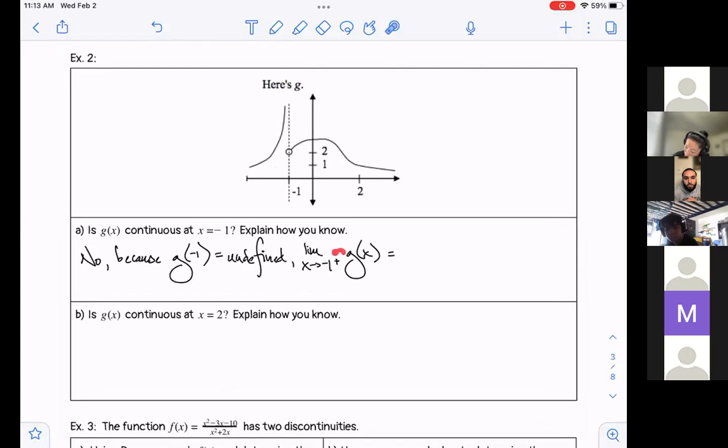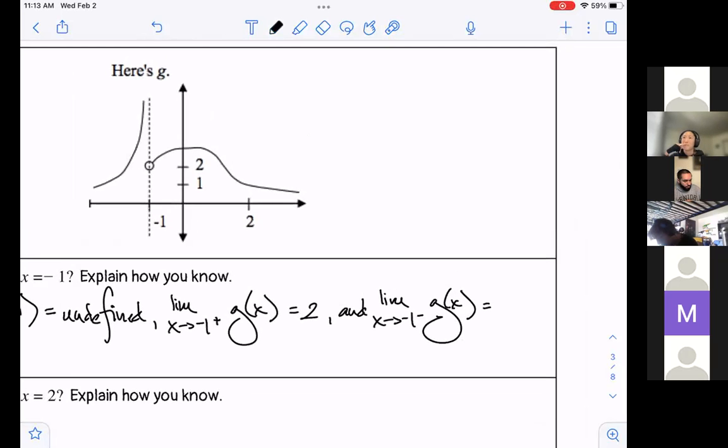So when we see the plus sign, we're tracing from the right, and it sure does get close to 2. What about that? What is the answer to this limit? Ooh, I see a positive infinity. I see does not exist. Any tiebreakers in the class? What do we think?